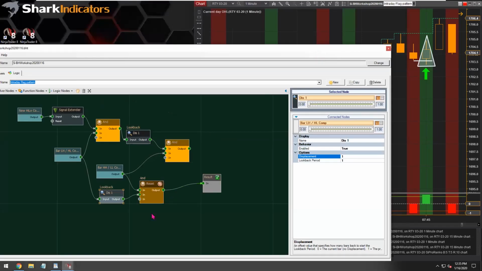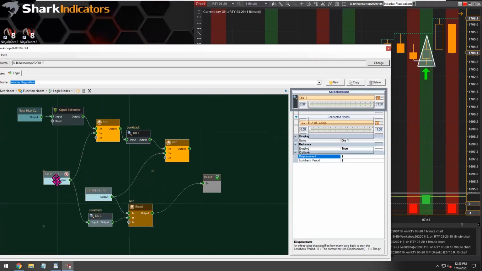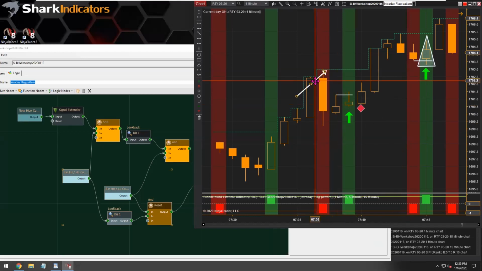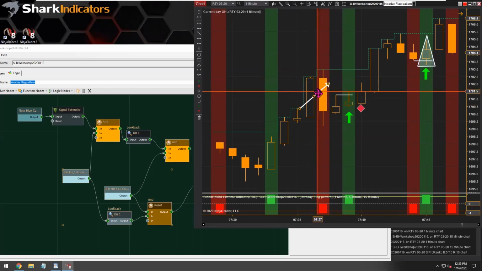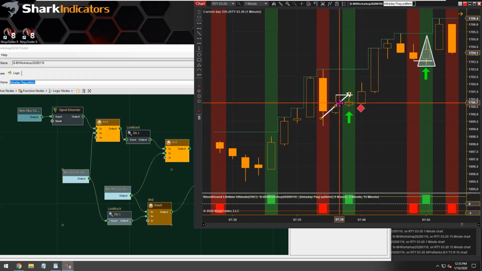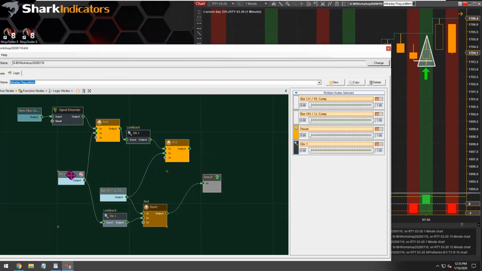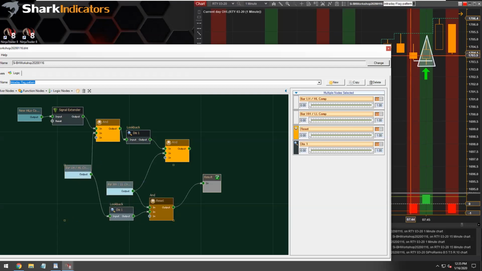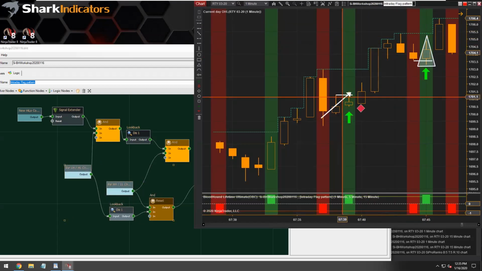So this little bit of logic right here is looking for the highs to step down and then step up. Because remember, this solver here is looking for the highs to step down, and then my second solver here is looking for the highs to step up. So it's basically finding this step down and then step up pattern.